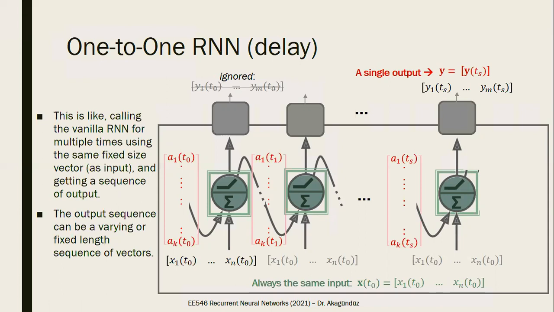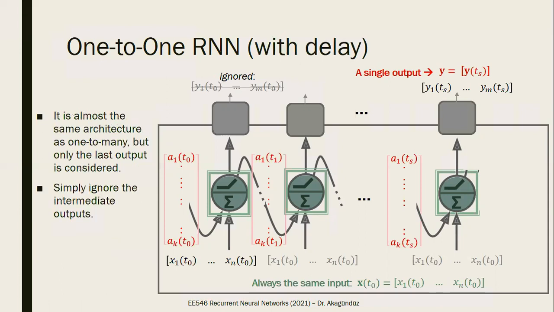So how do we define it in our problem, guys? It's always the same architecture as one-to-many, but we only consider the last output. The intermediate outputs before the last output are simply ignored. If you ignore them, that makes it a one-to-one RNN.